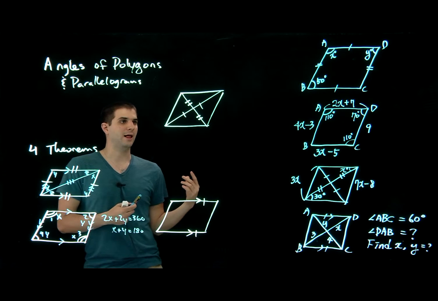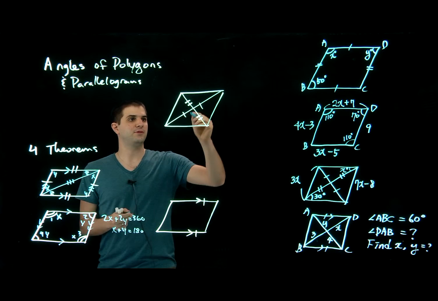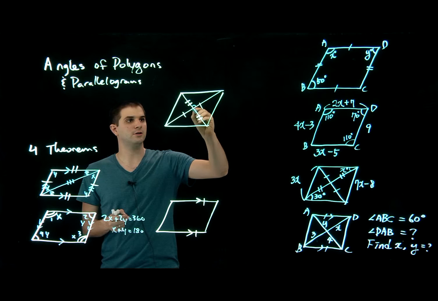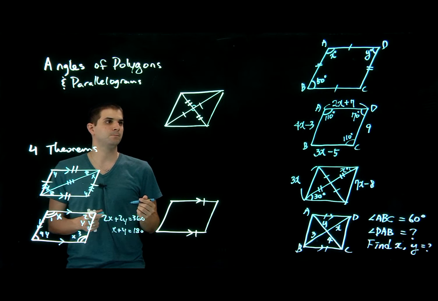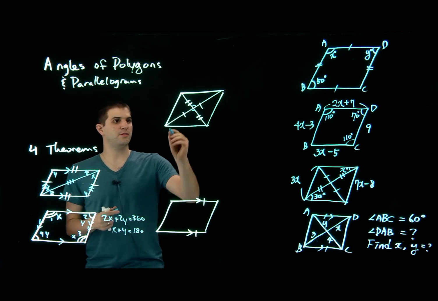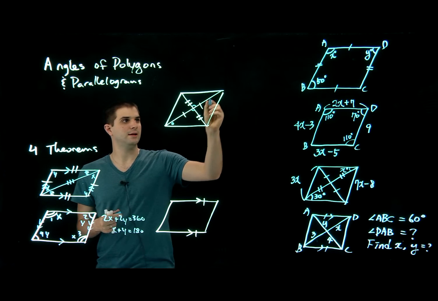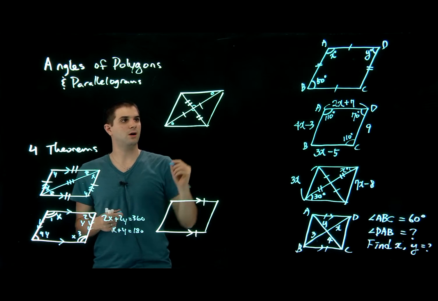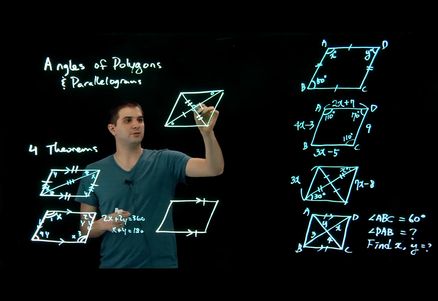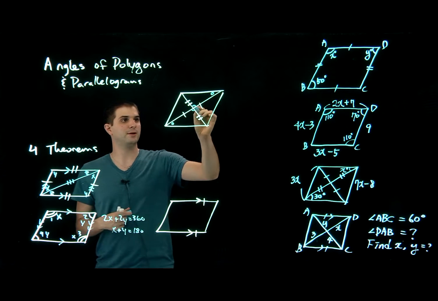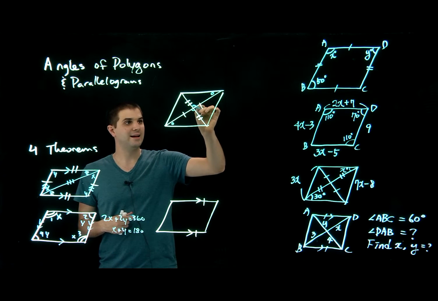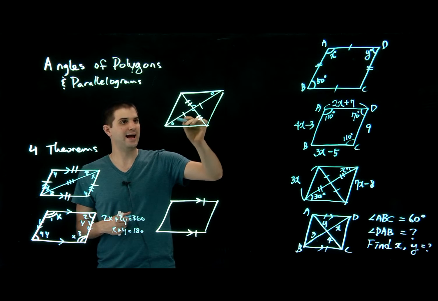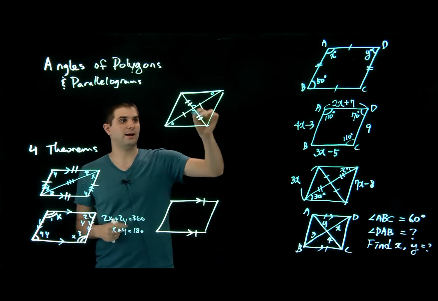So how do we do that? We know that these two angles are congruent, so by SAS, these two triangles are congruent.